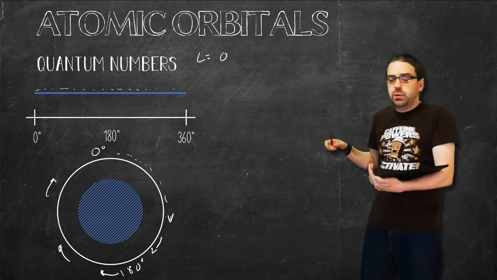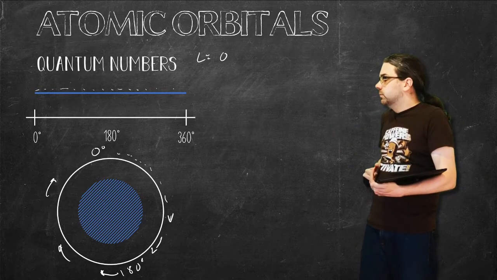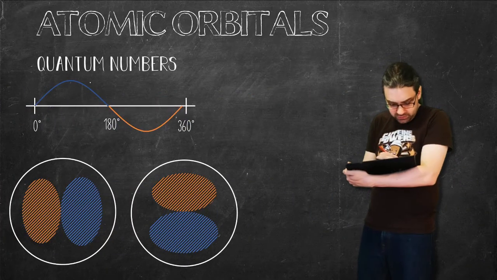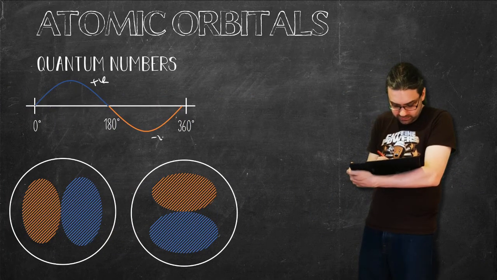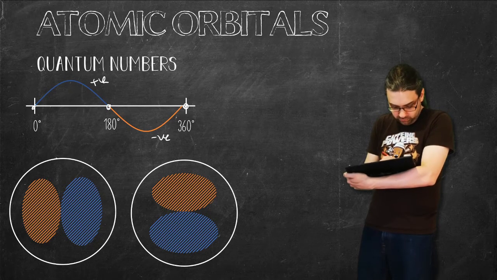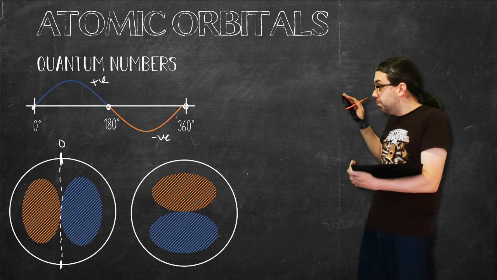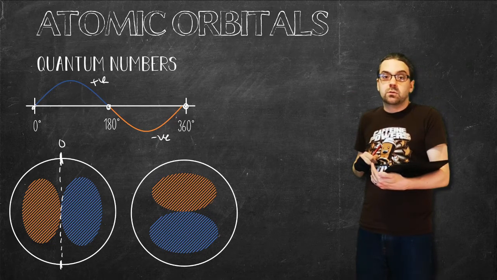It's the same. It's going to be blue all the way around. We increase that quantum number. Suddenly we've got a positive side and a negative side. It's going to be 0 at 180 degrees, 360 and 0. Well, 360 and 0 is the same. 180 is the opposite side to it. So we actually have a node going through the middle of that.